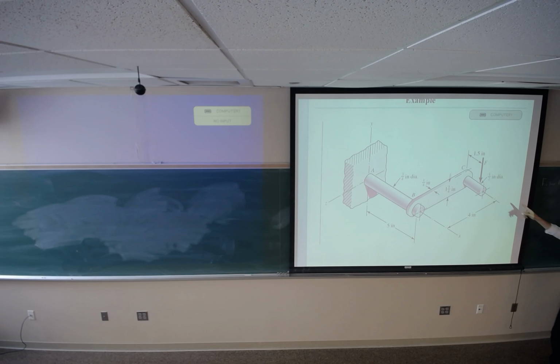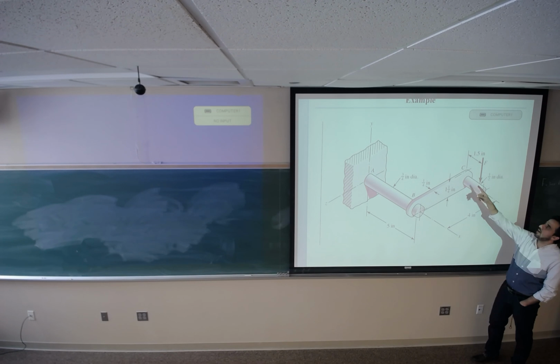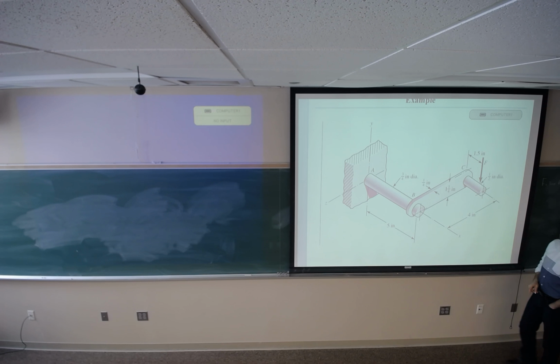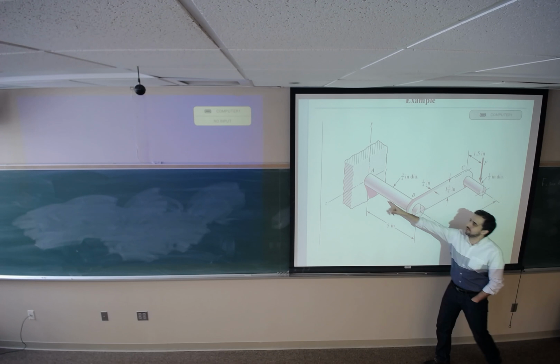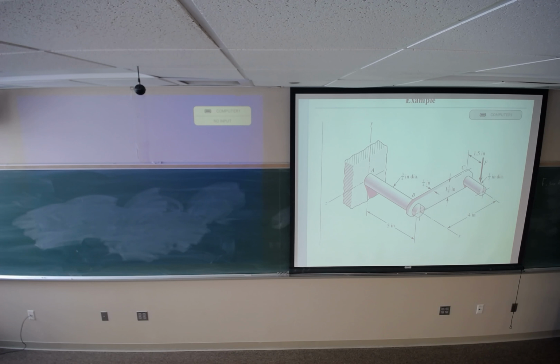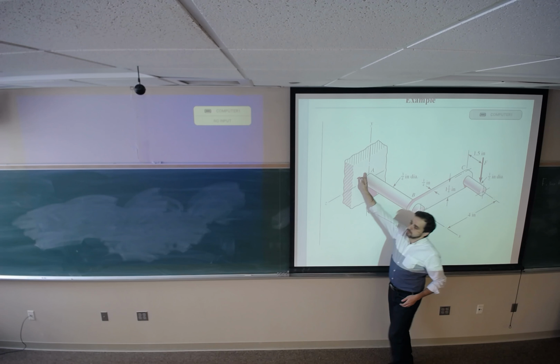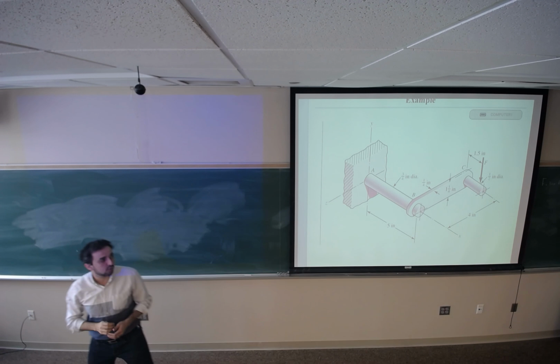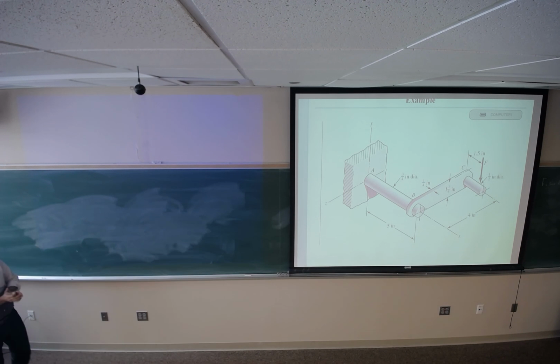It's applied at a distance of 1.5 inch from point C, and the other dimensions are given. The diameter of this shaft is 0.75 inch, and this shaft has been fixed to the wall. So we would like to do two things.